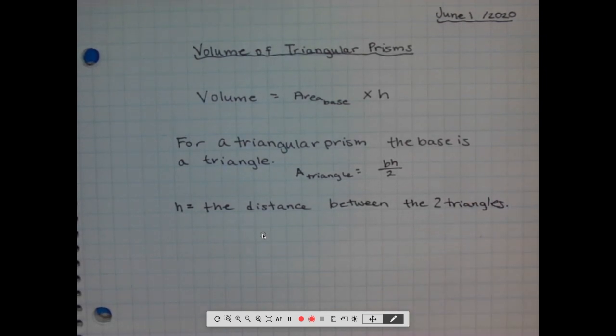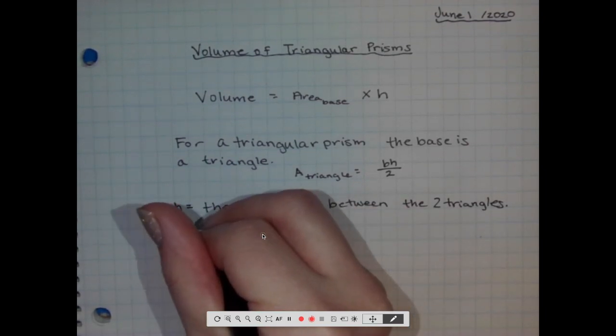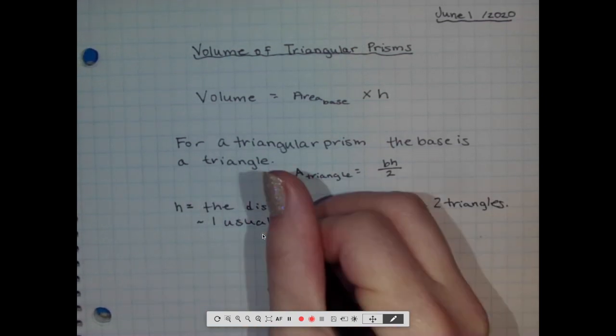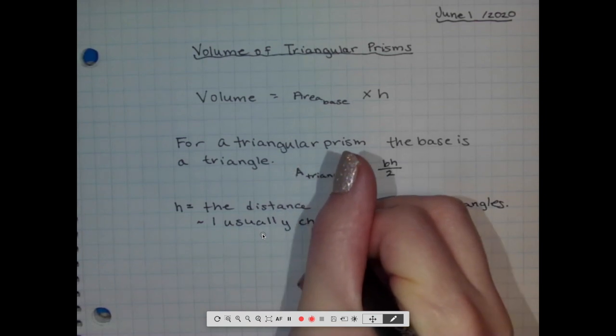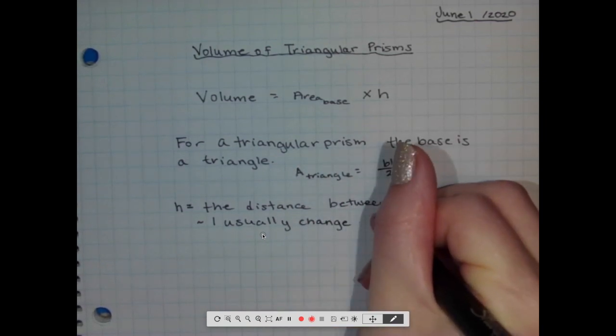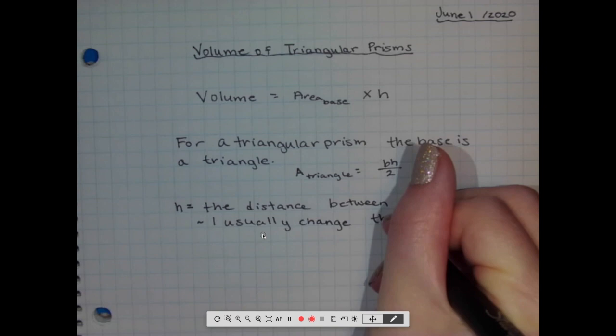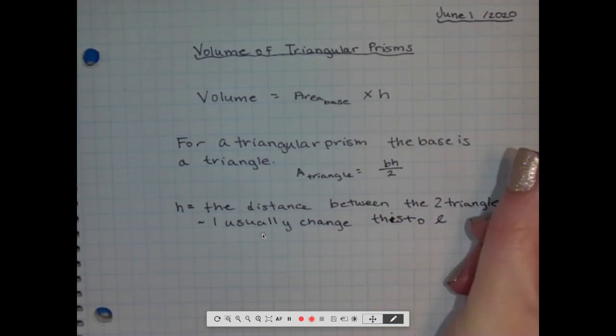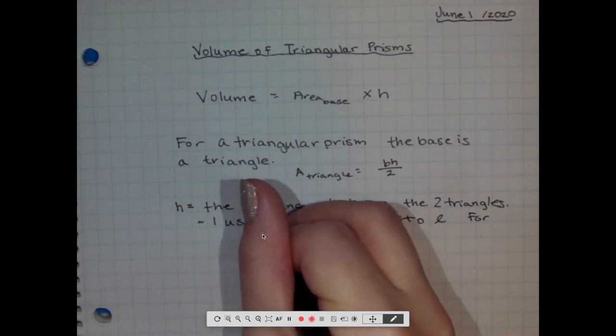So I usually change my height to a length, just to save some confusion. So change this to L for triangular prisms.